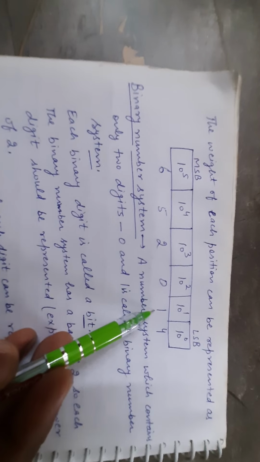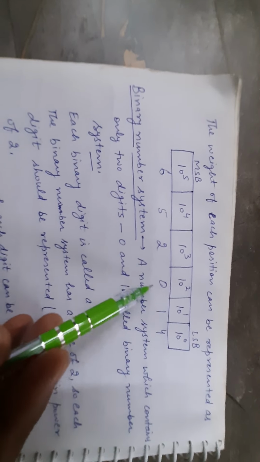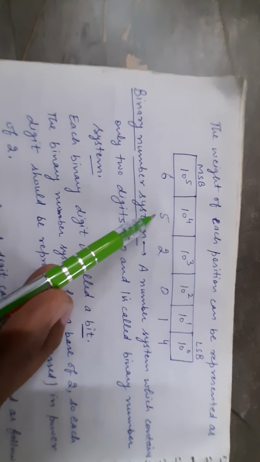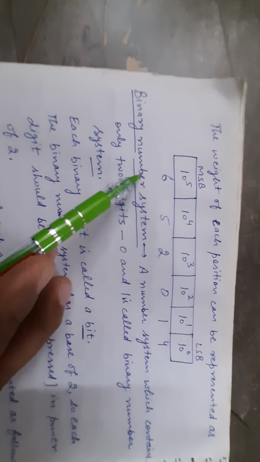This 4 will contain a decimal weight of 10 raised to power 0. This 1 will contain a decimal weight of 10 raised to power 1. This 0 will contain a decimal weight of 10 raised to power 2. This 2 will contain a decimal weight of 10 raised to power 3. The 5 will contain a decimal weight of 10 raised to power 4, and so on.